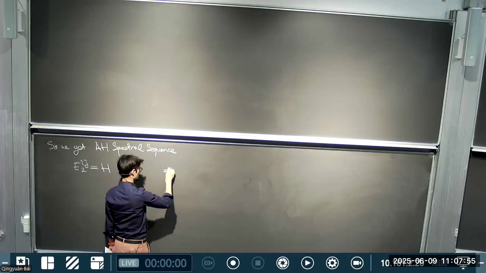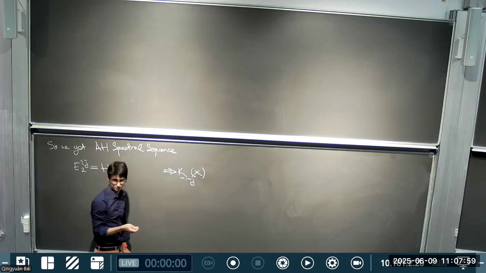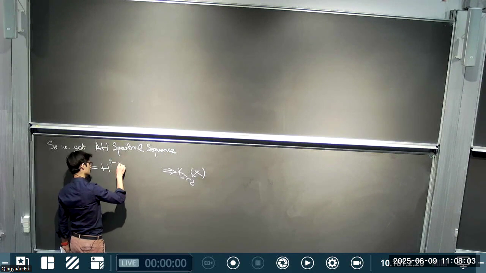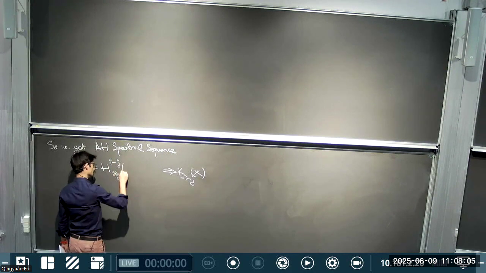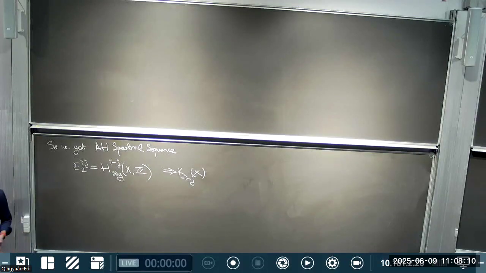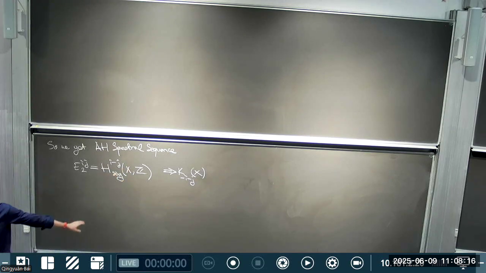Which is going to converge to the topological K groups of our space, coming from all the singular cohomology groups put together in a certain indexing, which I've chosen as some algebraic indexing to match what we'll see in the algebraic context.